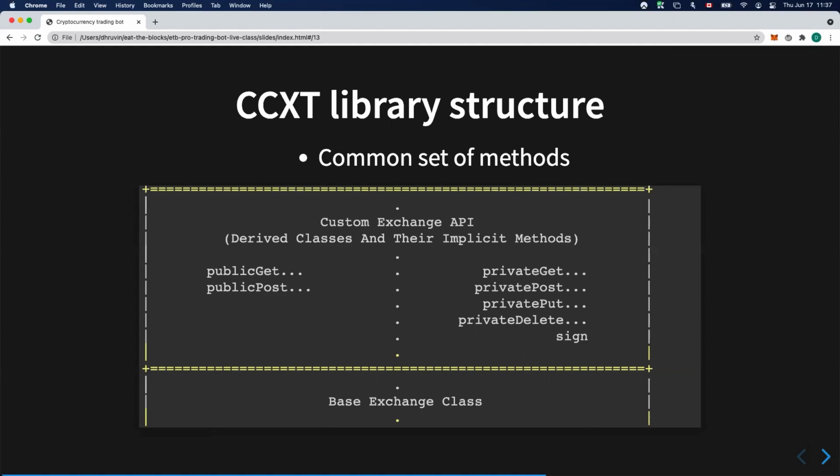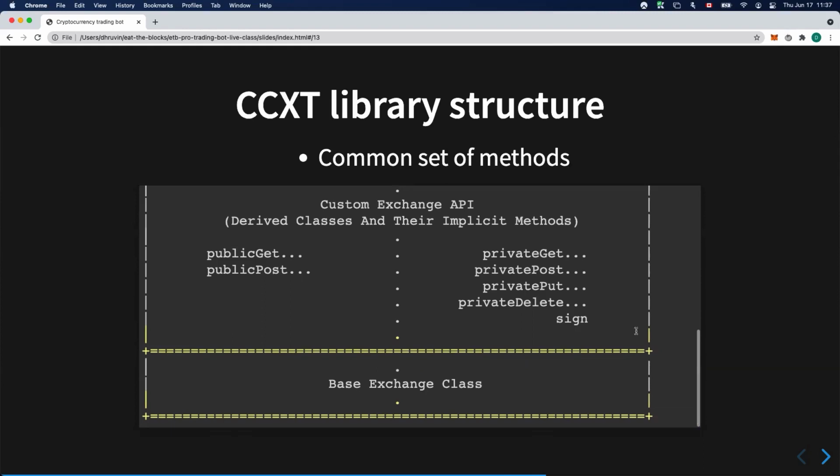The main advantage of CCXT is you don't need to learn the different APIs of different exchanges. You just work through CCXT, and it transpiles requests in the way those exchanges like to receive them and return the response.